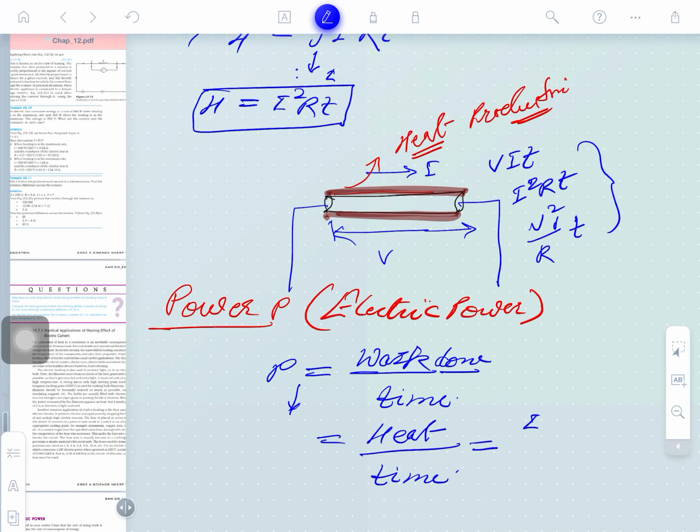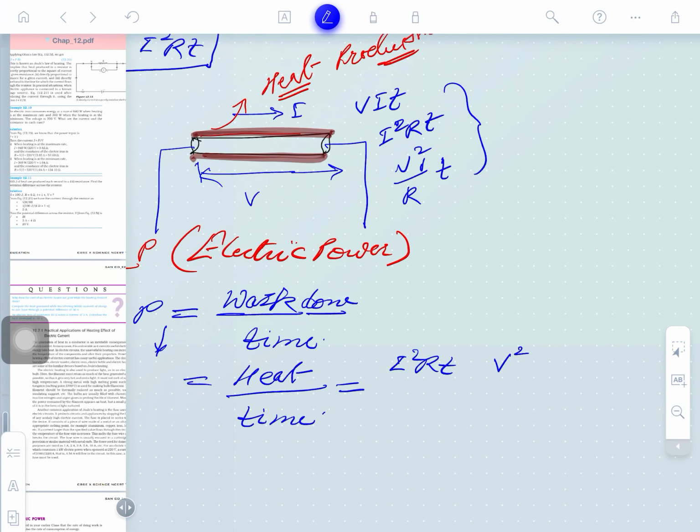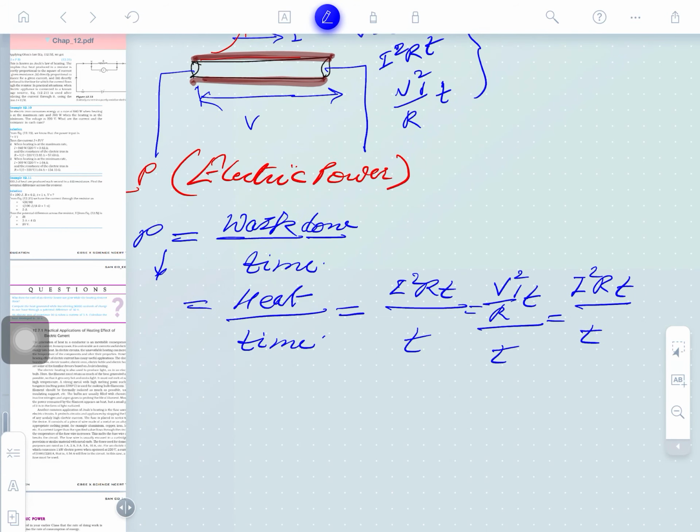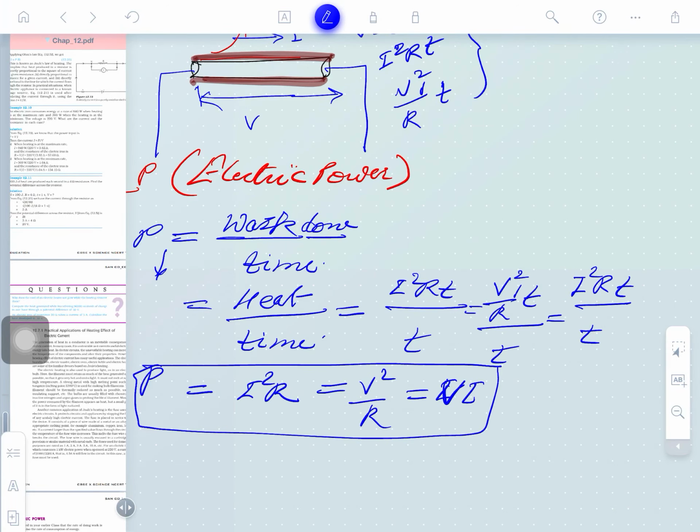The heat developed by the conductor can be written as I square RT, or V square by RT, or VIT, all divided by time. So, what power comes here? I square R, or V square by R, or VI. These three equations are there for power.